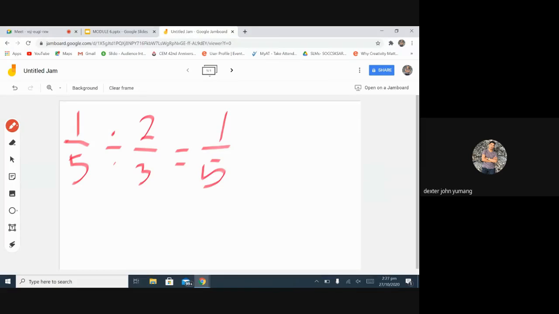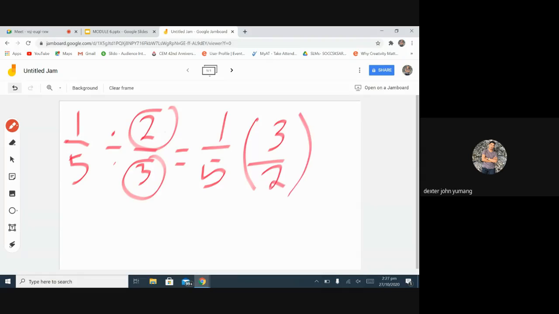Tapos, from divide, magiging times na siya, or you may use the symbol, parentheses, times na siya. Pero itong 2 at saka 3, ibabaliktad po natin, magiging 3 over 2 na siya. Yung 2 kanina, nasa baba na ngayon. Yung 3 na nasa baba, nasa taas na ngayon. Yan po ang tinatawag na reciprocal.